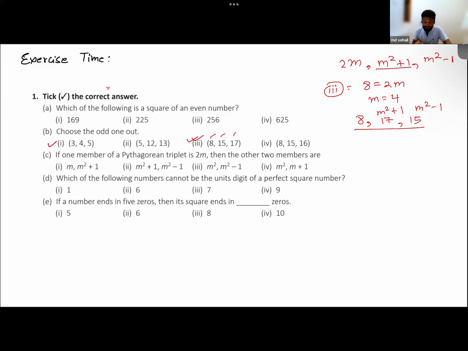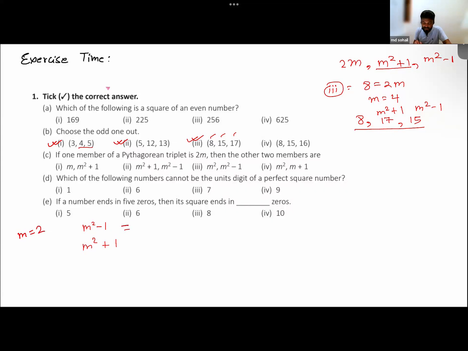See the first one, 3, 4, and 5. Do they fit in this Pythagorean triplet format? Sir, the first one I guess won't fit. Exactly. Because for 4 and 5, m square plus 1 and m square minus 1, if the value of m had been 2, you could have fit in here.